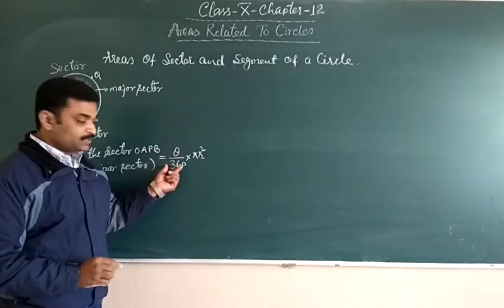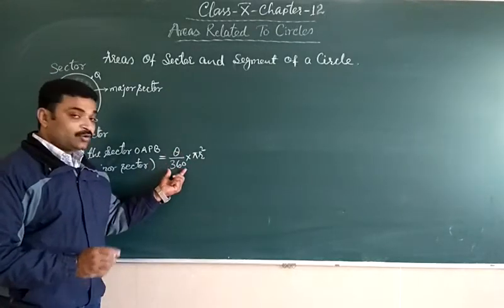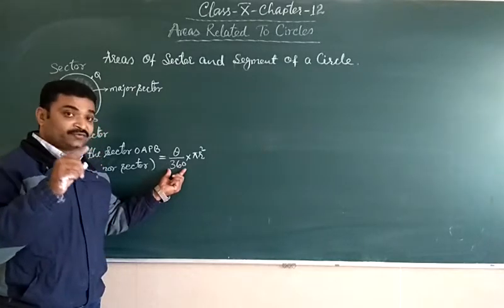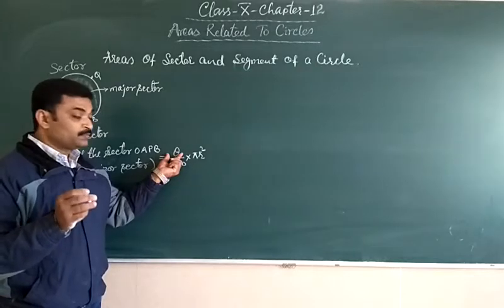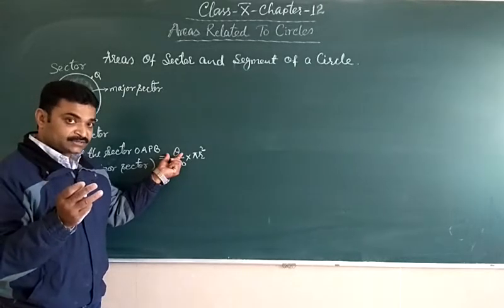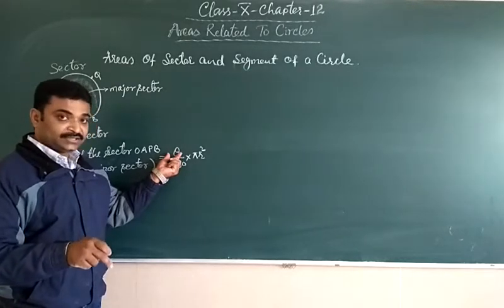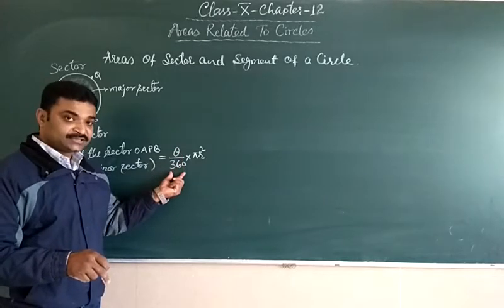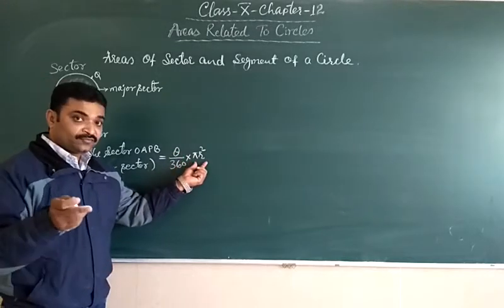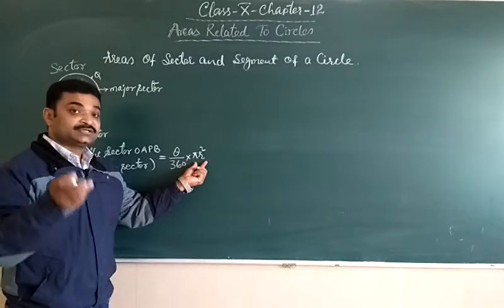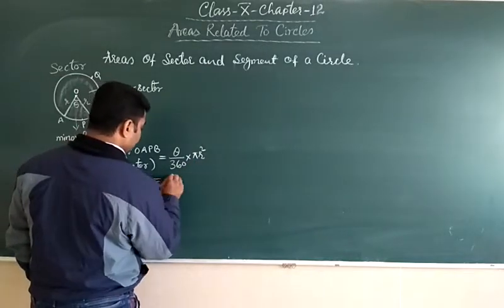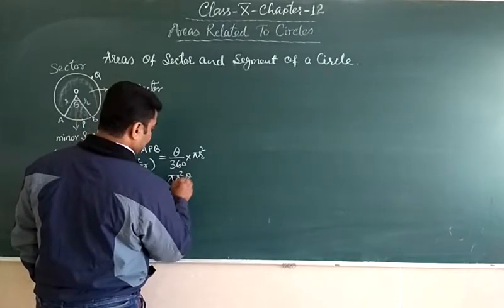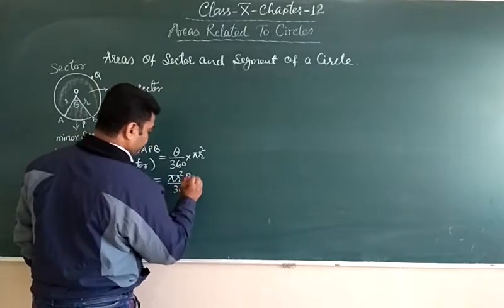Theta upon 360, that means out of the complete angle, what angle is subtended by two radii at the center, that is theta. So theta upon 360 of the total circular area. Sometimes we write this as pi r square theta upon 360.